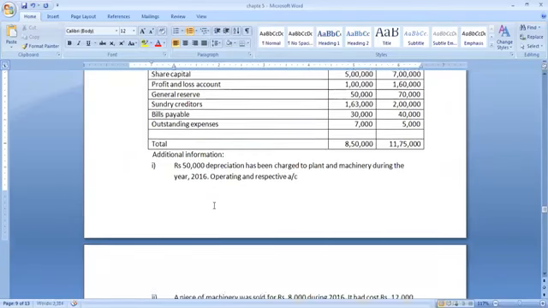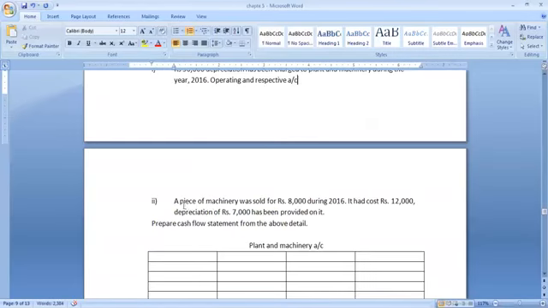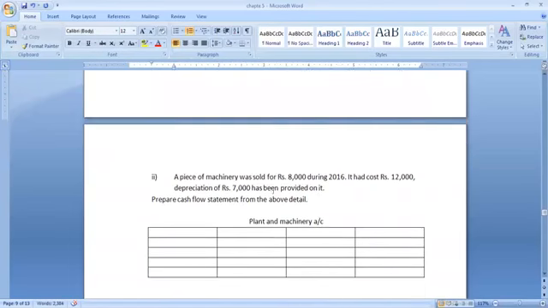And a piece of machinery was sold for rupees 8,000 during 2016. It had cost rupees 12,000. Depreciation of rupees 7,000 has been provided on it. So the depreciation is provided on it.